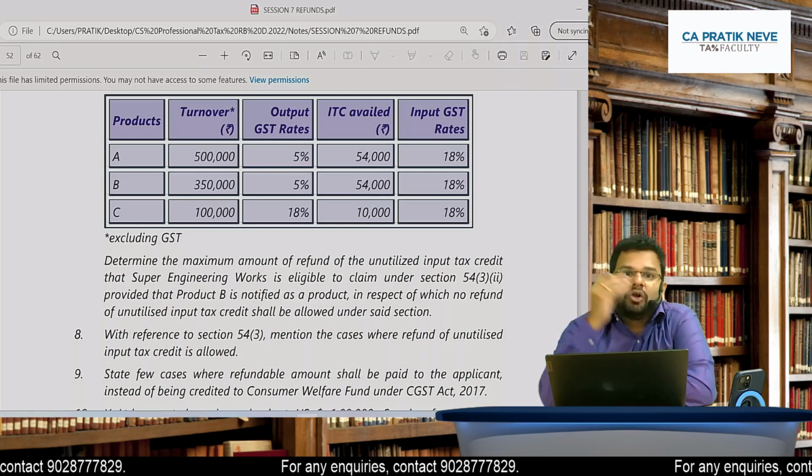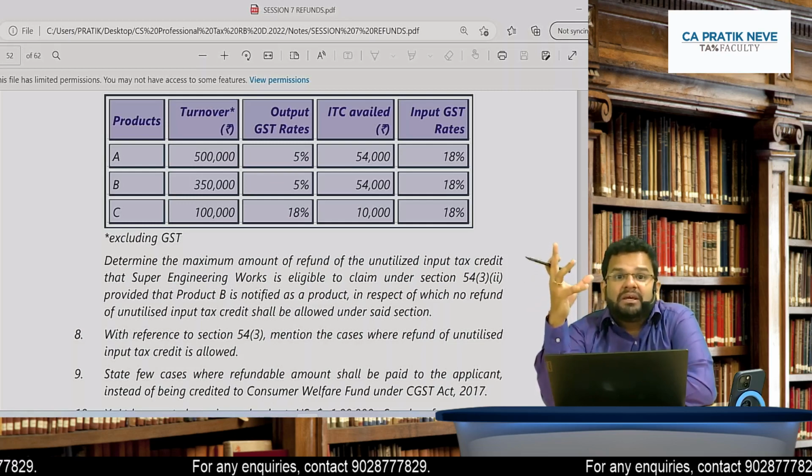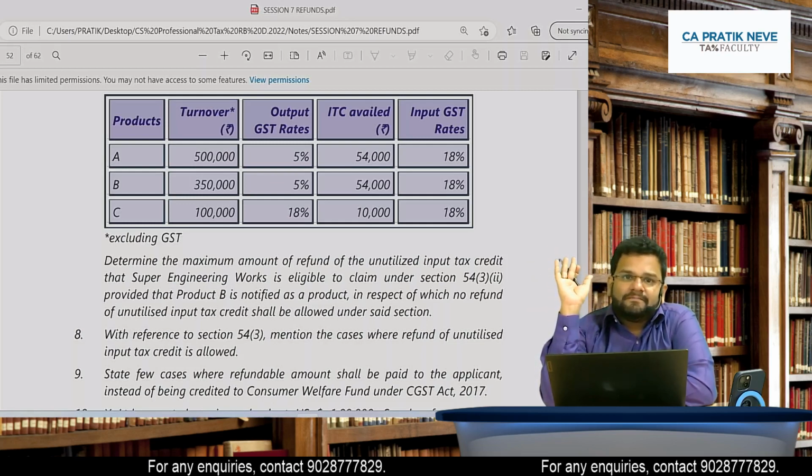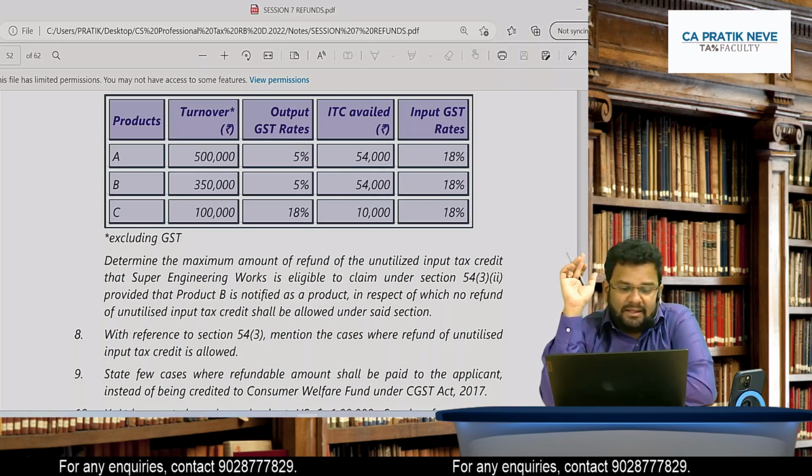You said A and B both, but they are saying product B is not allowed. Very good, so logical. Don't consider B for taking refund. Agreed? In short, you will consider only A.